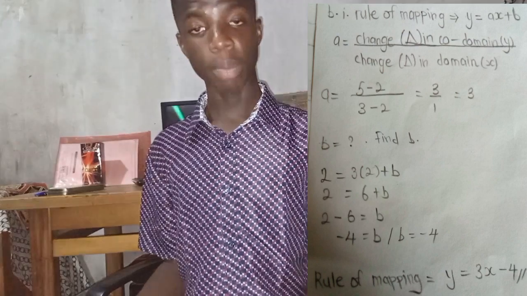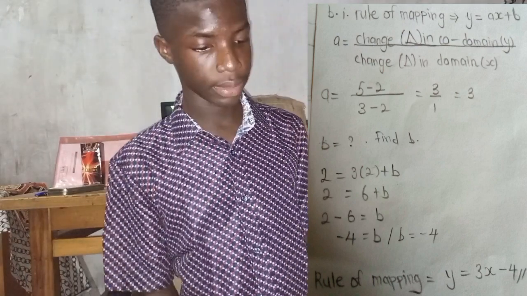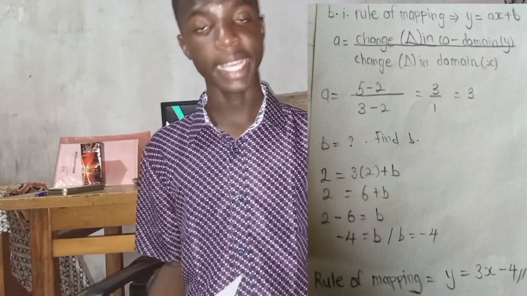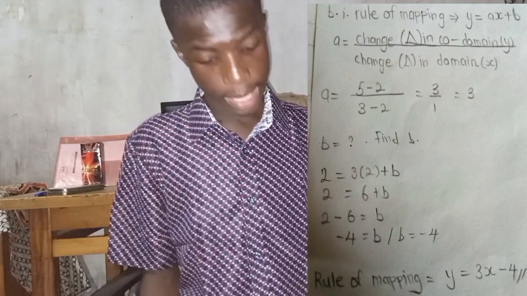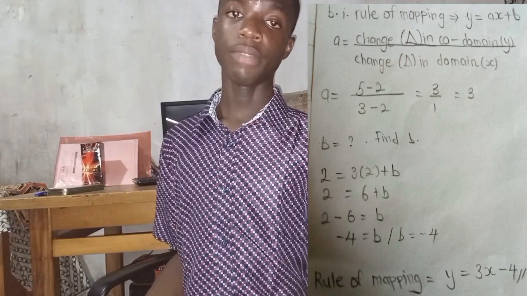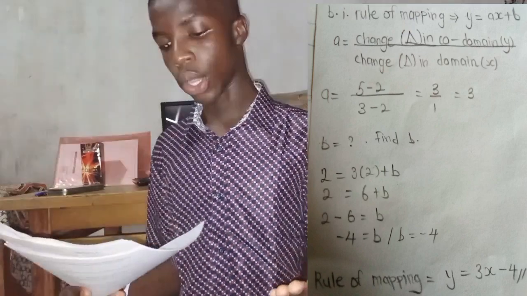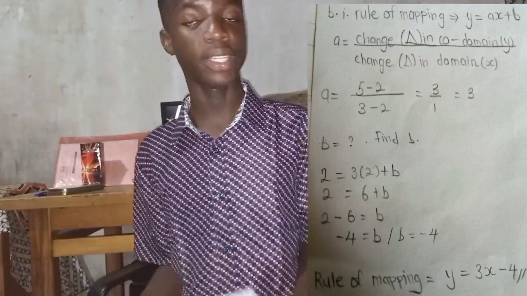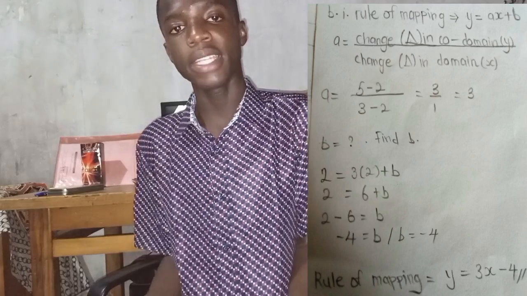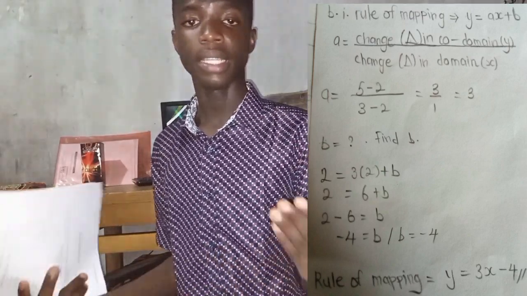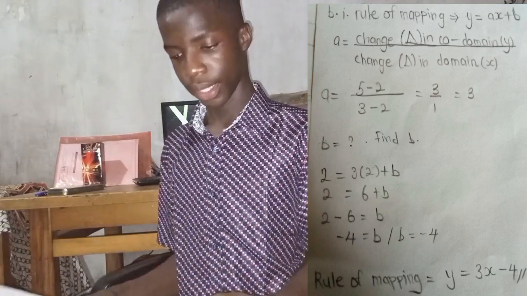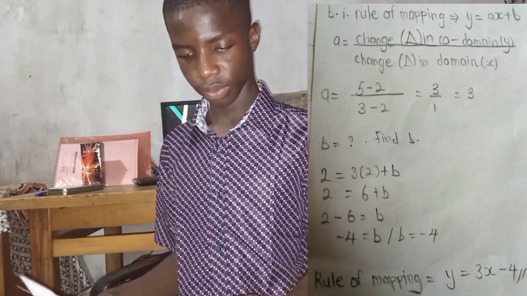So the rule of mapping is given by the formula y is equal to ax plus b. Therefore a is equal to our change, our difference in y over the difference in x, our change in our codomain over the difference in our domain.